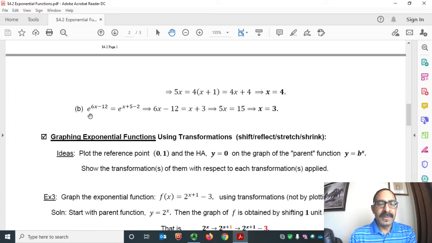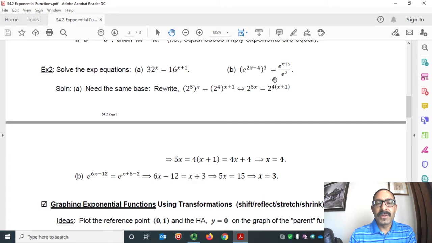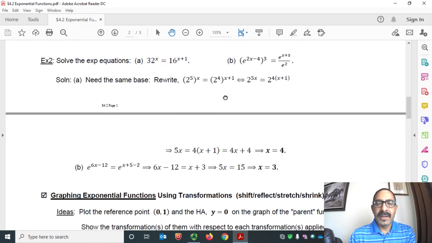Now part B. So what's our question? Our question is here. So the first step, multiply this 3 to this exponent, and then bring this e to the power 2 to the numerator by switching the sign, plus 2 becomes minus 2. Then here, I think this is better.